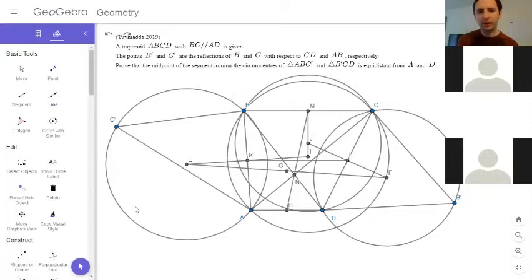Maybe we could even use the gliding principle, because we have three midpoints, right? We have all these midpoints.